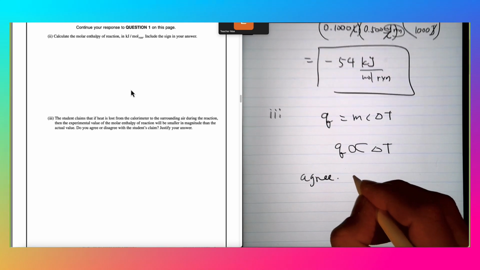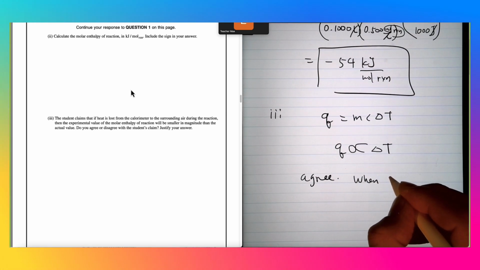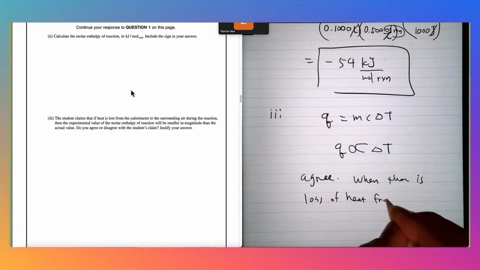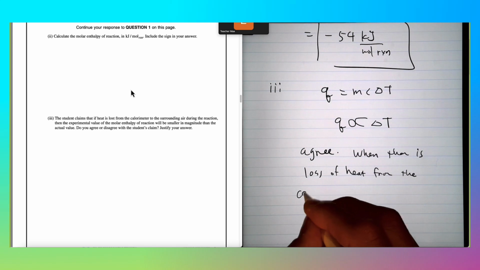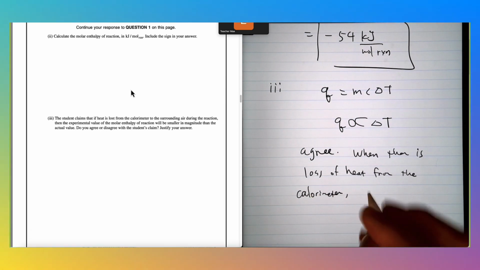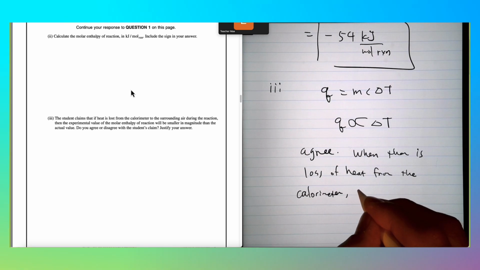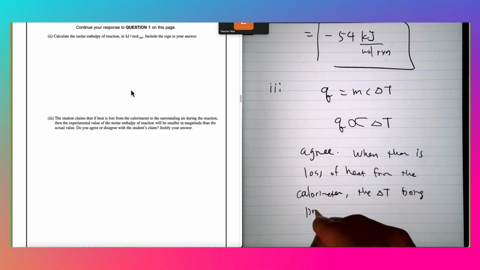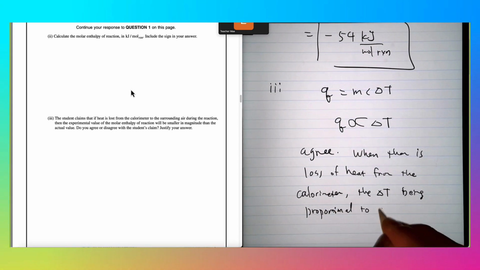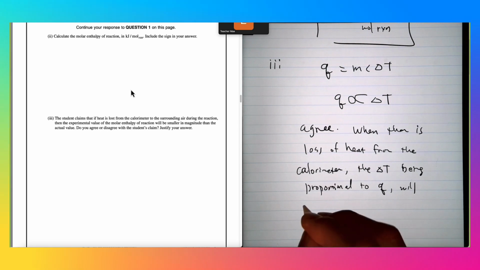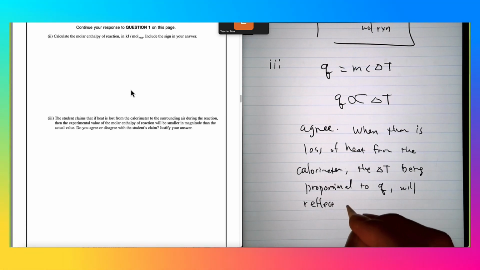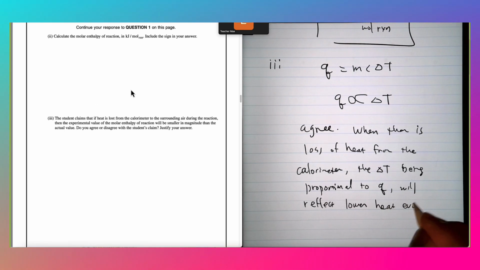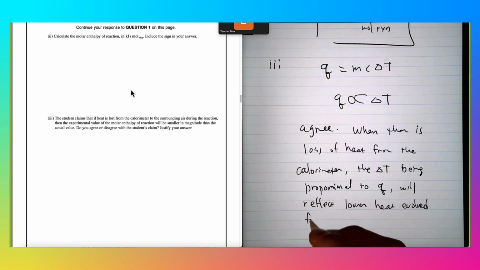We agree because when there is loss of heat from the calorimeter, the delta T, being proportional to Q, will reflect lower heat evolved from the reaction.